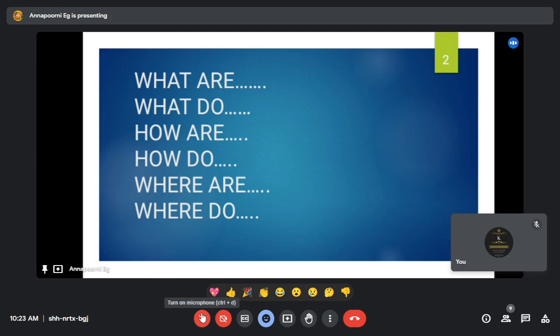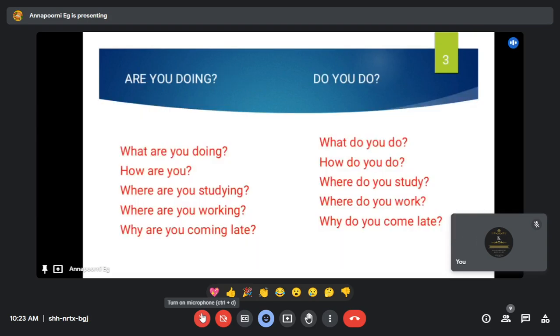Once you study systematically what is right and what is wrong, you will be able to recognize the difference. It's very simple, nothing complicated.